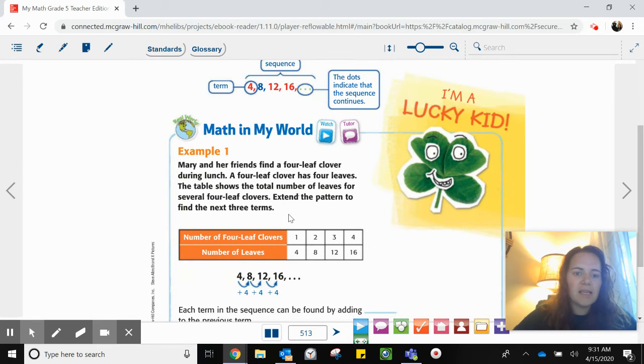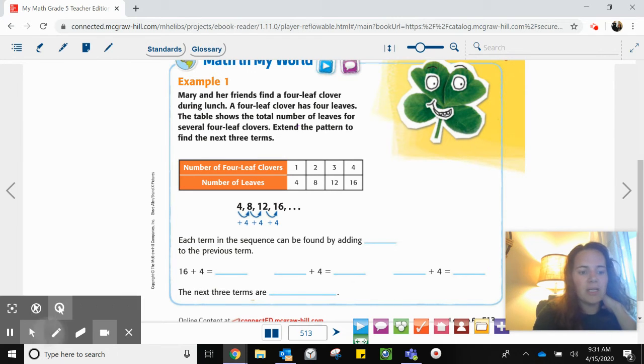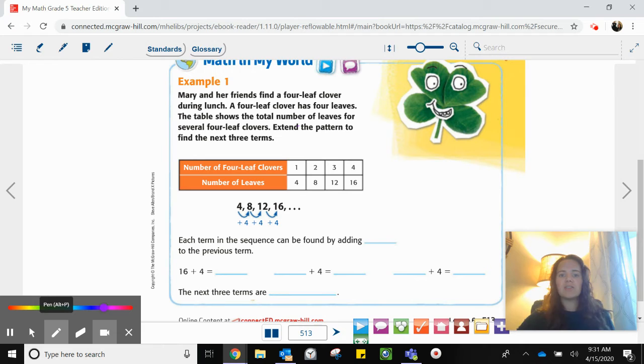Okay. So in example 1, it says Mary and her friends find a 4-leaf clover during lunch. A 4-leaf clover has 4 leaves, hence 4-leaf clover, right? The table shows the number of leaves for several 4-leaf clovers. Extend means continue the pattern to find the next 3 terms. So we're going to find the next 3 numbers.